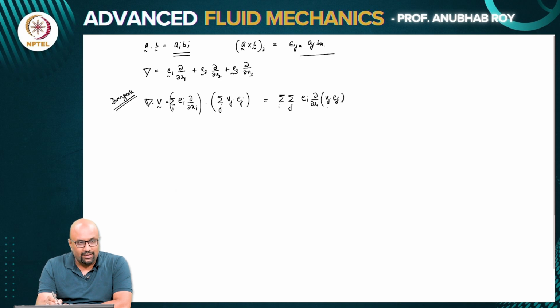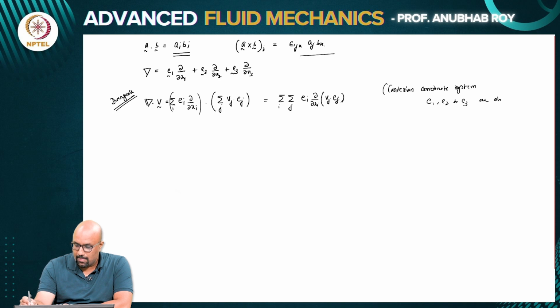Now we are dealing with a Cartesian coordinate system. Why am I specifying Cartesian coordinate system? If it's a Cartesian coordinate system, the unit vectors E1, E2 and E3 are obviously unit by definition, which means they have unit length, but they are also constants in direction. They don't change their direction.